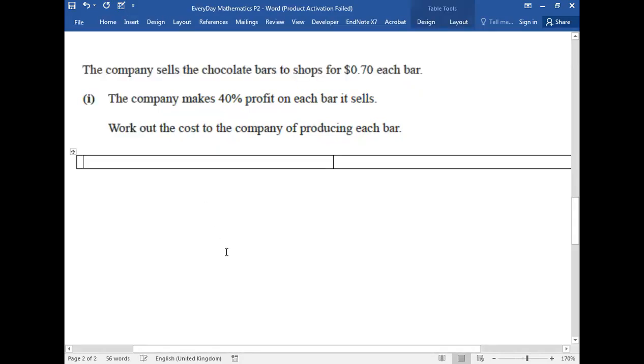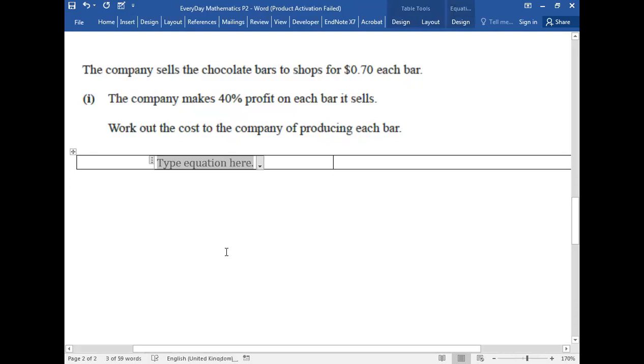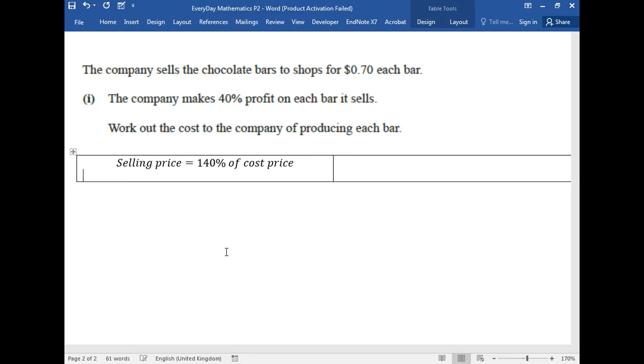Again, many ways to attempt this question. One of them is I can say that for the company, the selling price is 140% of cost price. Agreed or not? Because the percentage profit is always applied to the cost price. So you buy something at a certain cost and then you add profit at that particular percentage. If you are able to develop these equations, that will help you very much in even the difficult questions.